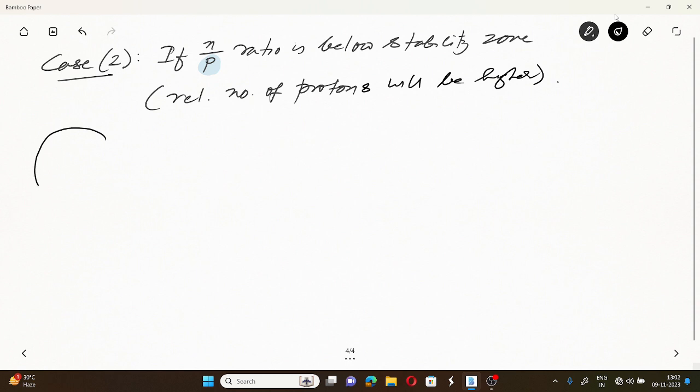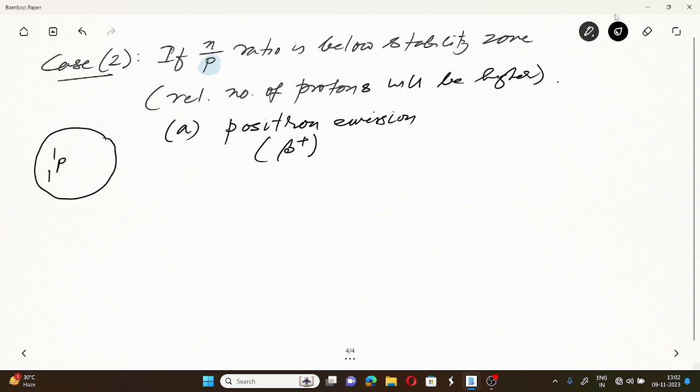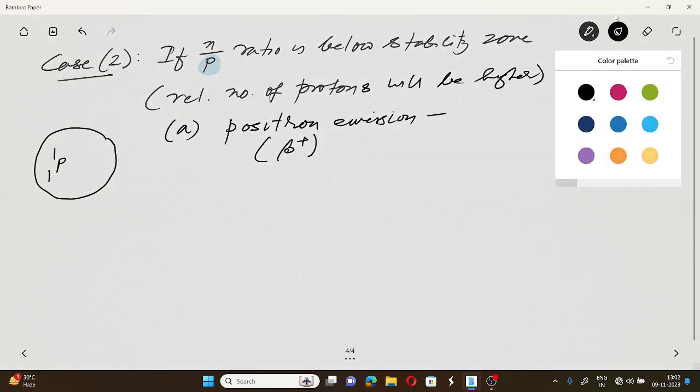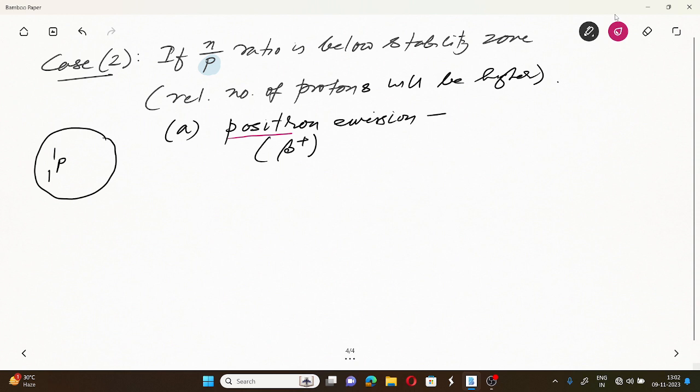So within the nucleus the number of protons is higher, and in order to gain stabilization, ফার্স্টে এটাকে বলছে যে পজিট্রন এমিশন হয়। পজিট্রন এমিশন। আগেরটা যেমন ছিল বিটা মাইনাস, পজিট্রনটাকে আমরা বলি বিটা প্লাস। So how can this positron emission occur?